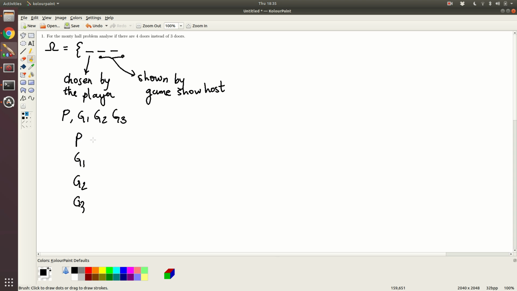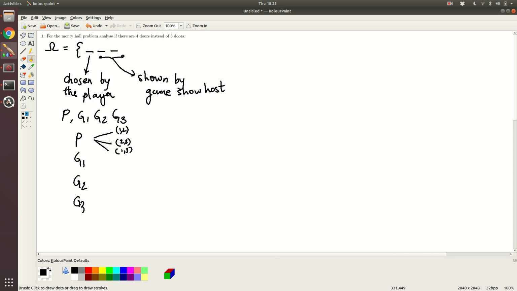And if P is filled, for the second and the third, there are actually three choose two ways, because there are three of them, and the game show host has to decide which two of them to show. So this will be G1, G2, G2, G3, G3, G1. These are the ways in which he can show.